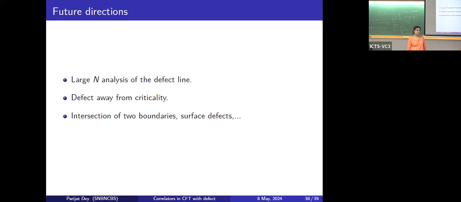That's interesting, because usually vector large n limits are free, but here it is not. In any dimension you expect this to be true. No, I'm talking about the Wilson-Fisher, so first epsilon and then large n.